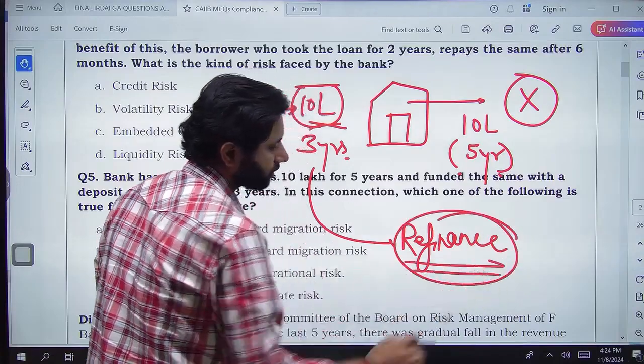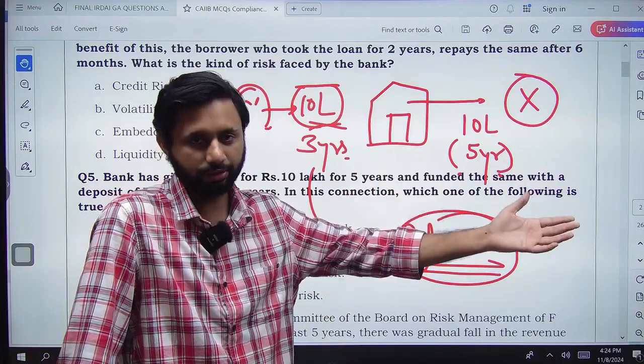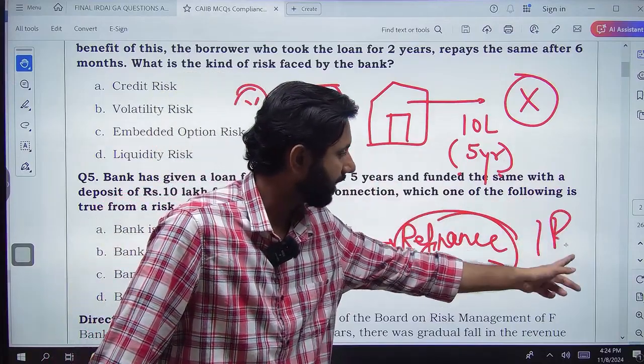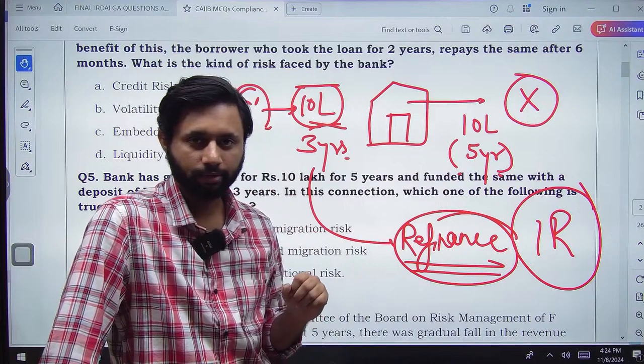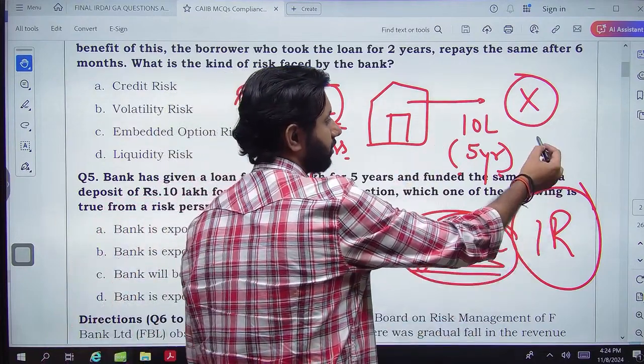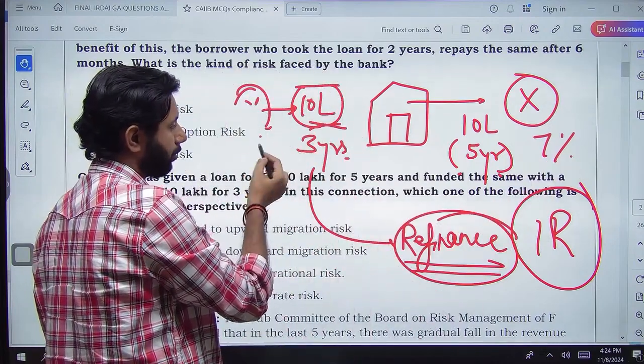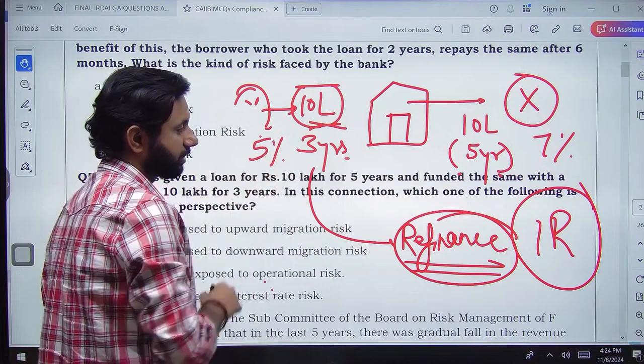Now, the issue with refinancing could be that you never know after 3 years the interest rate might be higher. So let's say you're receiving 7% interest rate and you had to give money at, let's say, 5% interest rate.